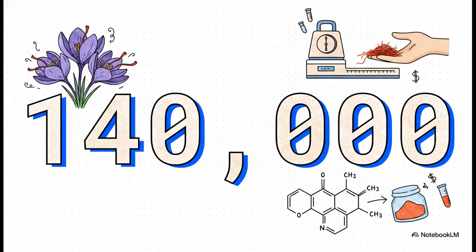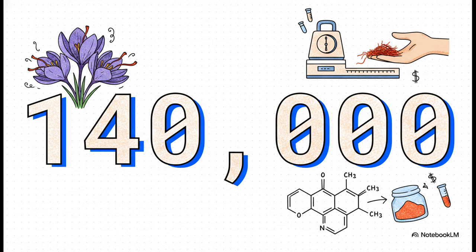Now let me share a fascinating little fact that perfectly bridges agricultural science and food economics. 140,000. That is the exact number of stigmas from the Crocus sativus flower needed to produce just 1 single kilogram of saffron powder. Saffron contains crocin, which is a water-soluble digentiobiosyl ester.